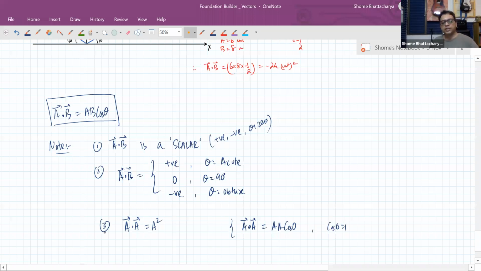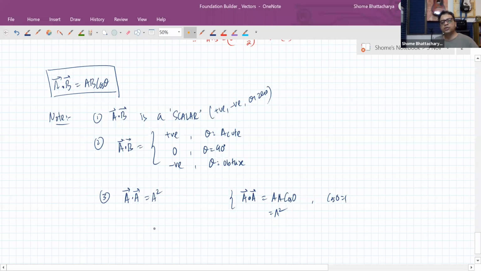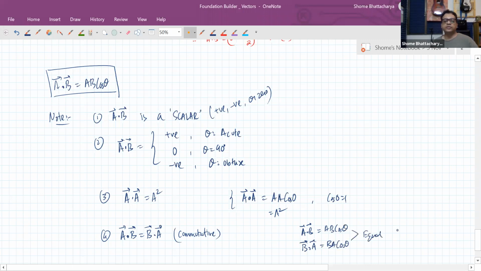And the next property I'm showing you is self-explanatory, that A dot B is equal to B dot A. This is called the commutative property because A dot B is AB cos theta by definition, and B dot A is BA cos theta, which are equal. No difference between the two.